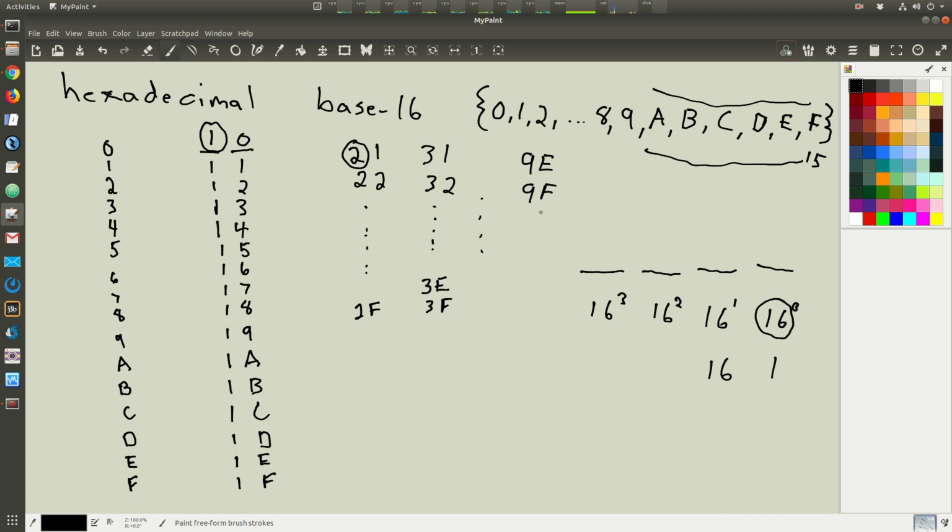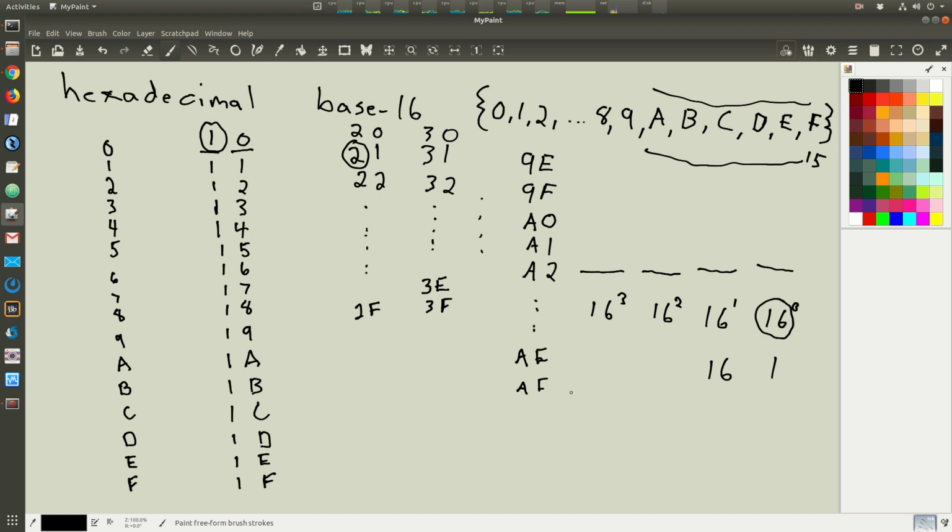I'm sorry, there should be a 20 here and 30. So F rolls back over to 0, and what comes after the 9? A. So this is A0, A1, A2, and this goes all the way down to AE and then AF.